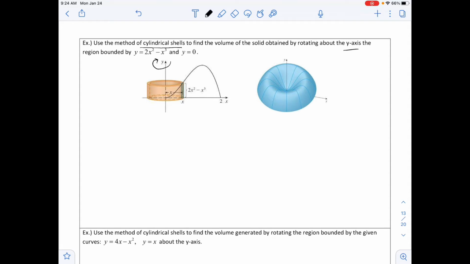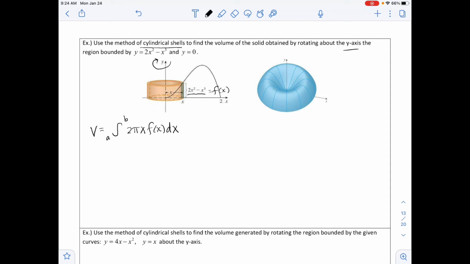So our volume, from before, is going to be the integral from a to b of 2 pi x times f of x dx. Looking at what we have here, the first thing is our height, f of x, is equal to our given function. So that would be our height, and that changes depending on that function.